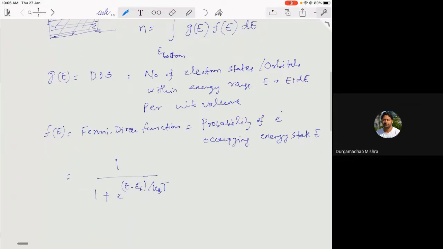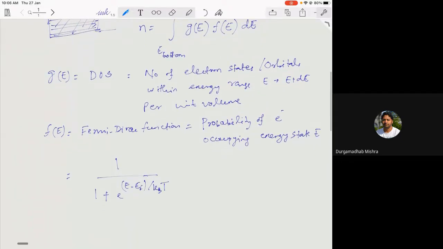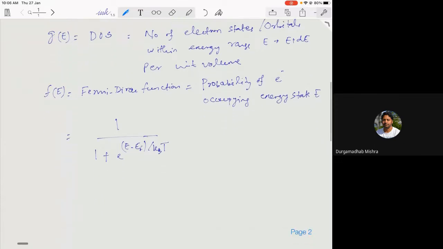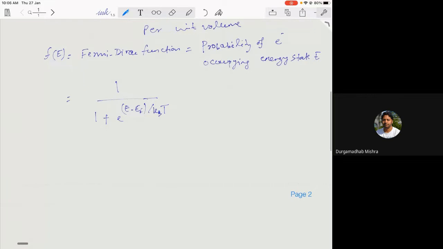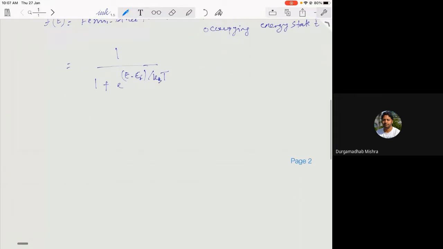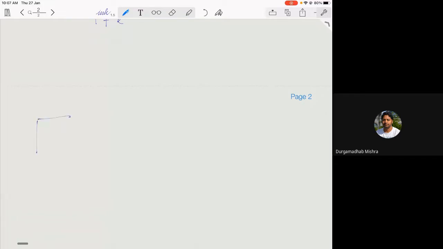This is a mathematical way of calculating it, but we can also understand it from a graphical picture. Let's say this is my band structure, and this is up to EF, let's say 0.